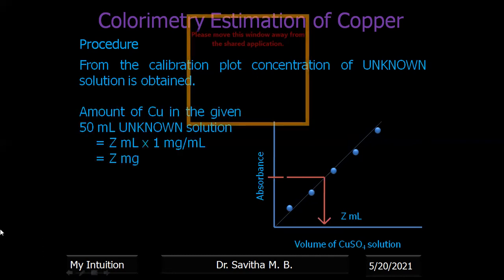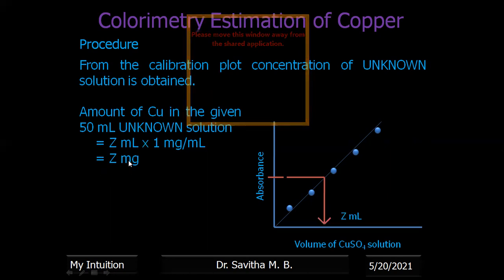Initially we had taken the stock solution, saying that 1 mg of copper is present per mL. Now we have got Z mL from the graph. So Z mL into 1 mg will give you the amount of copper present.